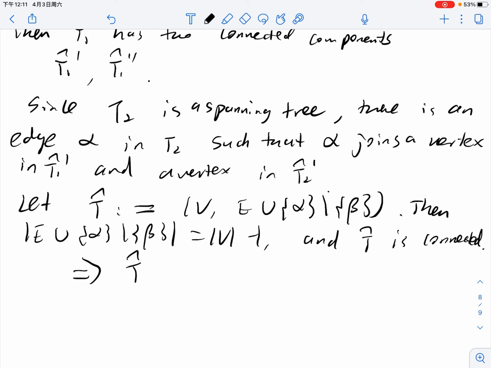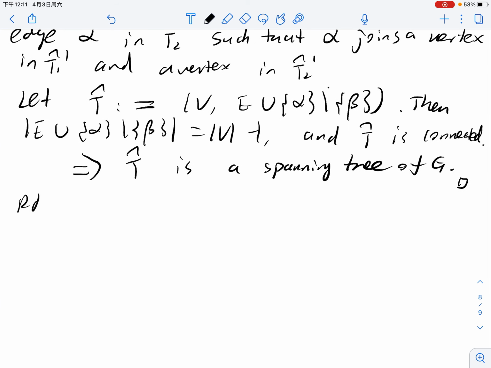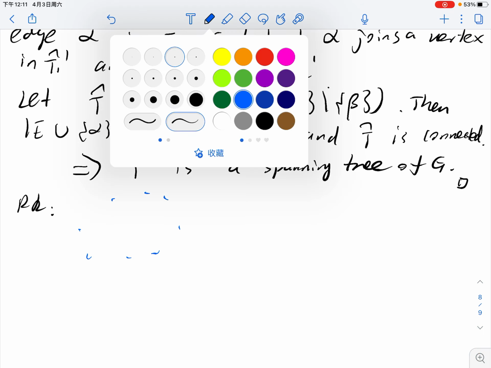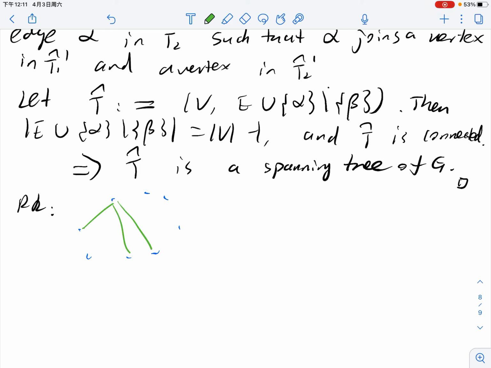Then by the definition, T hat is a spanning tree of G. So we're done. The remark, with a graphic illustration similar to before: if you want to kick some edge out, then the theorem guarantees an edge that can be kicked in to make it up.